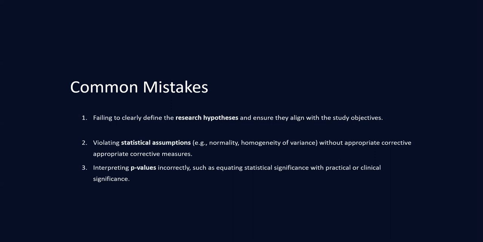And interpreting the p-value incorrectly, such as equating statistical significance with practical or clinical significance. Sometimes you misinterpret the p-value if it is not properly understood. So you should be very careful on that.